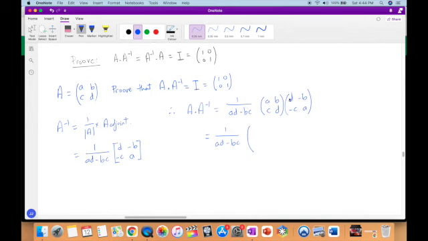This row by this column gives me AD plus B times minus C, which is minus BC. So that's the first one.